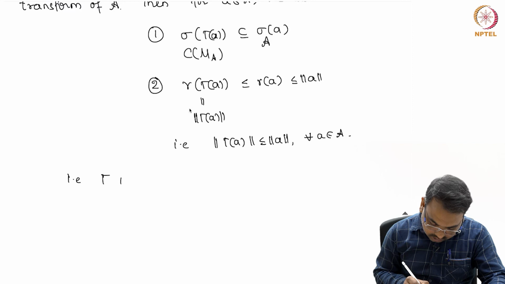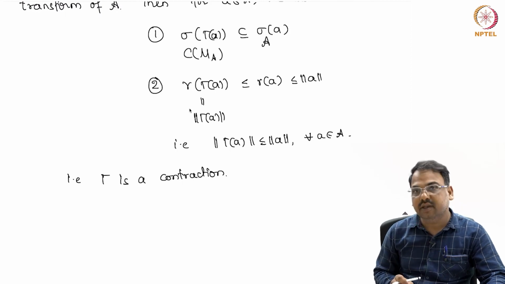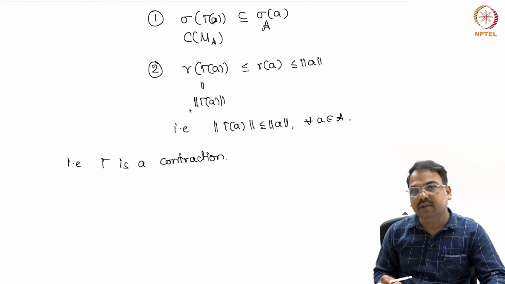Now we can ask the question, under what condition does this inequality become equality? That means when is gamma an isometry. So in general gamma need not be an isometry.